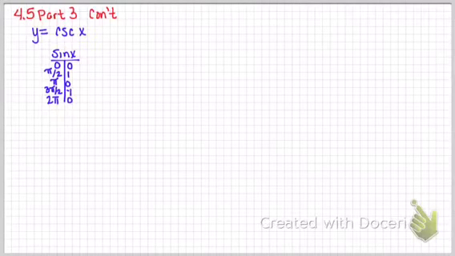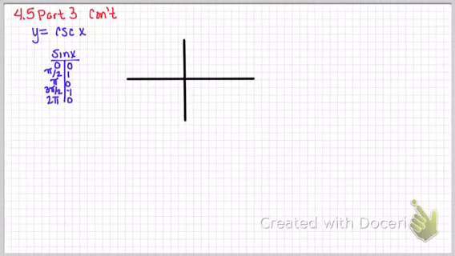Alright, so when we graph this, we're going to graph those points, but don't actually connect them. Right, so when we go to graph this here, let's graph those points.